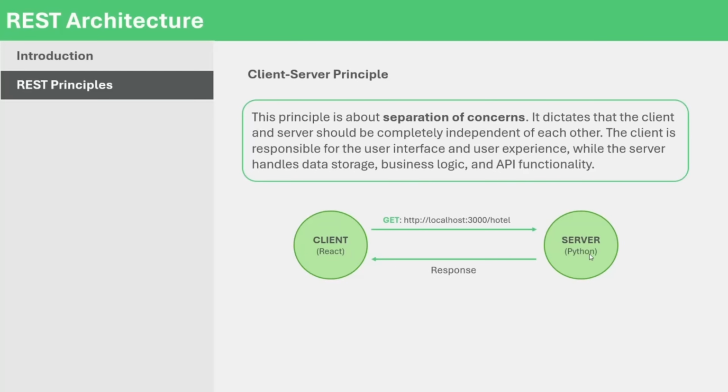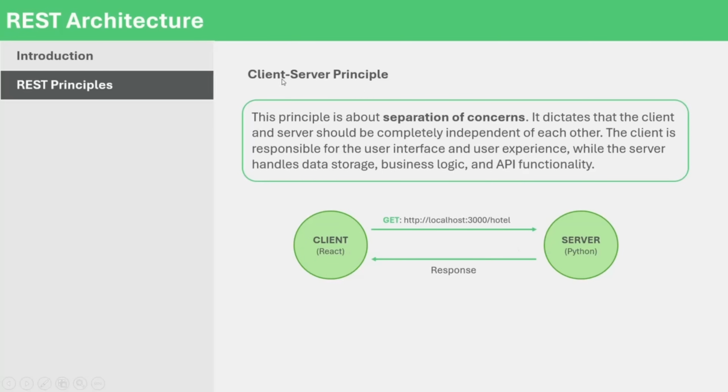In that case, the client application should not be affected by that as long as the endpoint and the data which the client is expecting remain the same. So the client only needs to know the API endpoint and the data format. The server can be replaced by another technology like a Python Flask API, and as long as the endpoint and the data format do not change, the client app continues to work seamlessly.